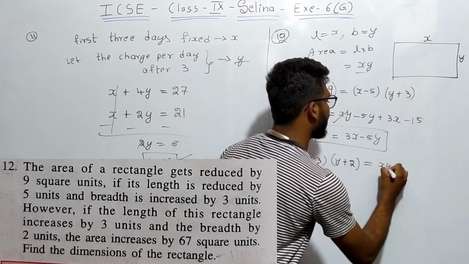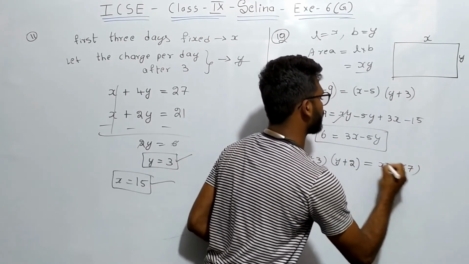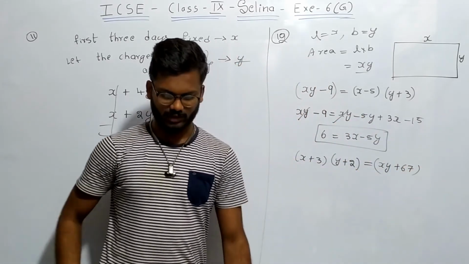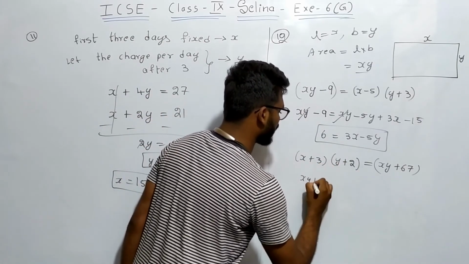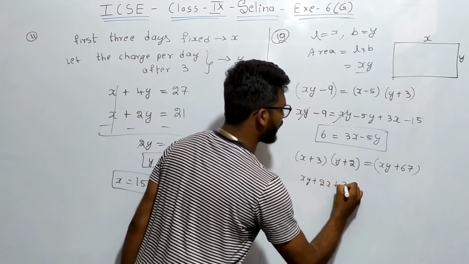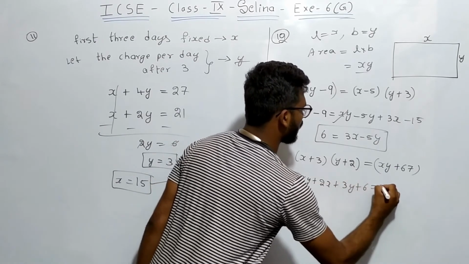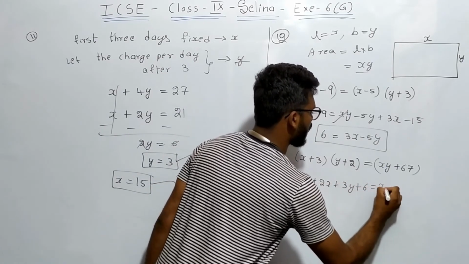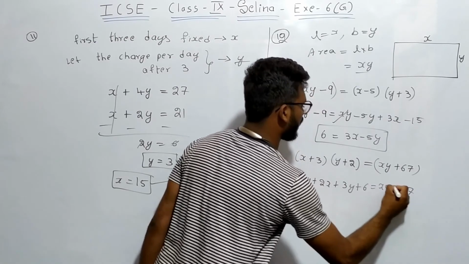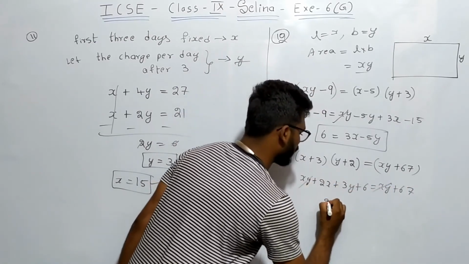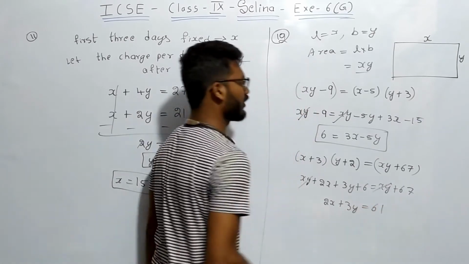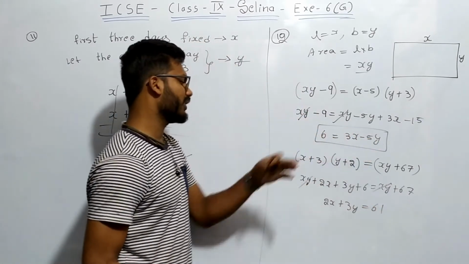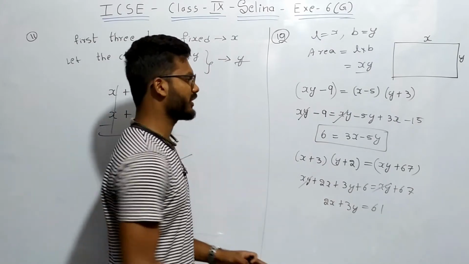So xy is the area, it increased by 67, so xy plus 67. x into y is xy plus 2x plus 3y plus 6 is equal to xy plus 67, and xy will get cancelled. 2x plus 3y is equal to 61. Okay, 3x minus 5y is equal to 6 and 2x plus 3y is equal to 61.